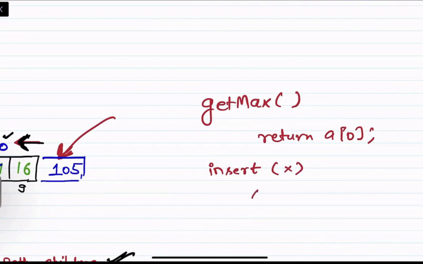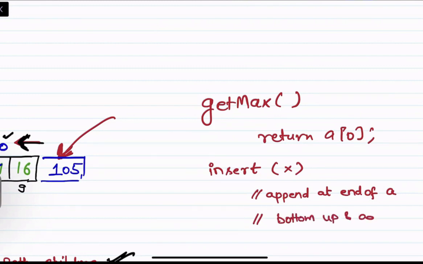So what you do is you append it to the end of A, and then adjust bottom up. Go bottom up and adjust the last inserted value. This can be done in log n time.